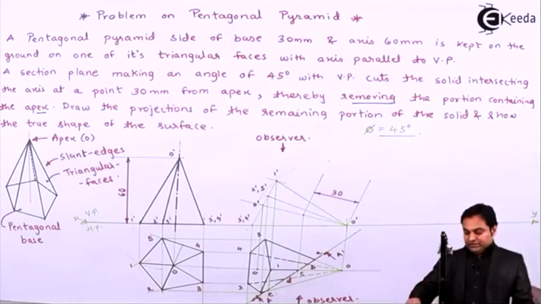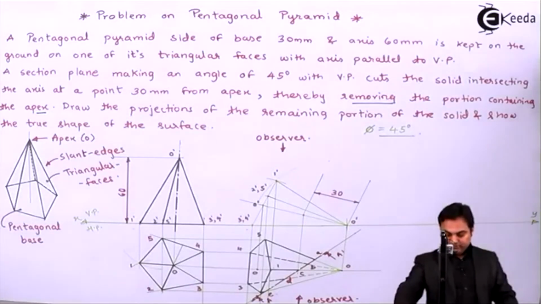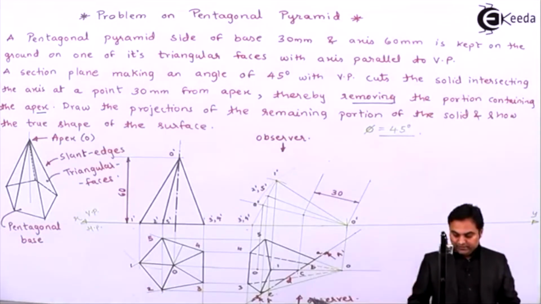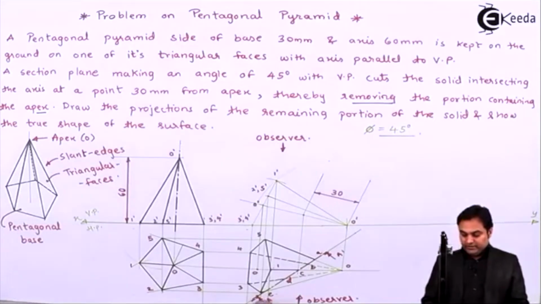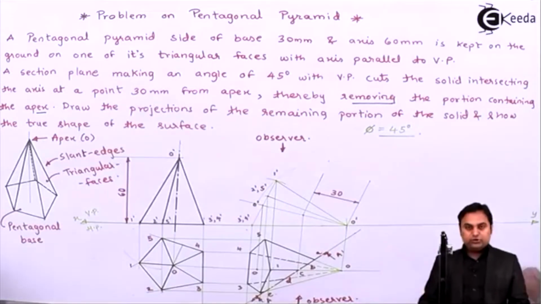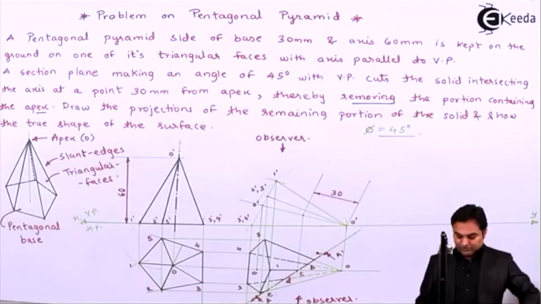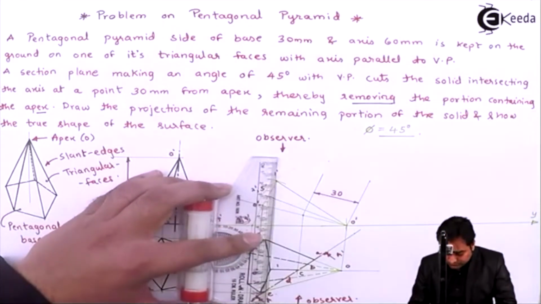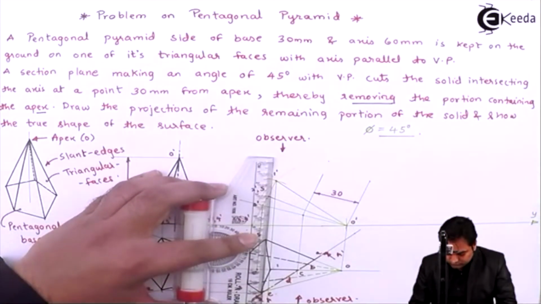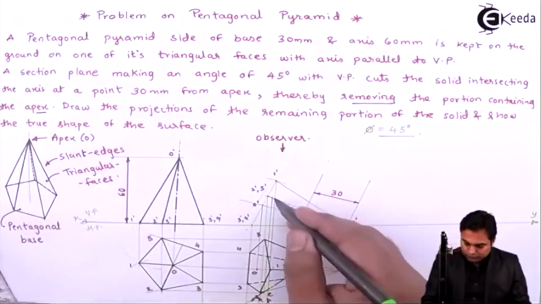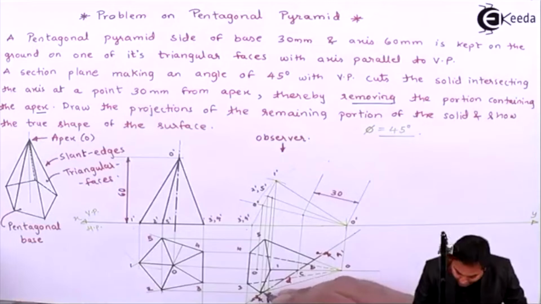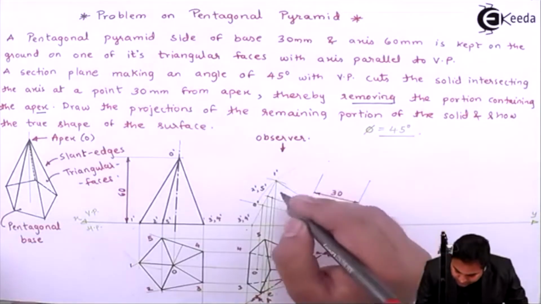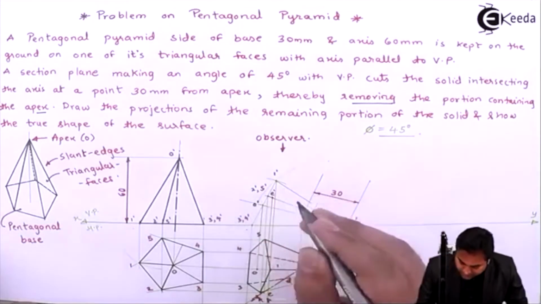So now projecting these points in order in the front view. When I am looking as an observer here, point E, which is on O22, is closer to the observer, so that will be projected first. Point O22 gives me point E dash.